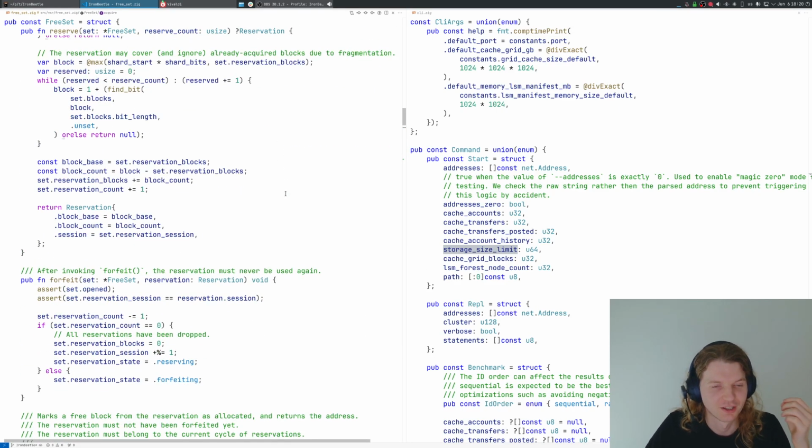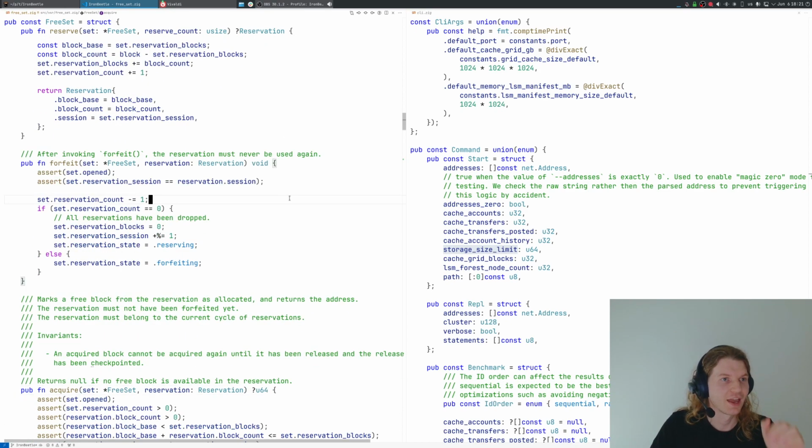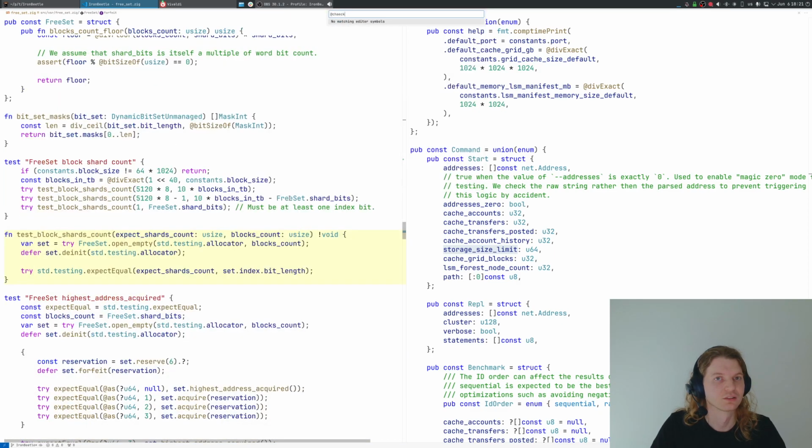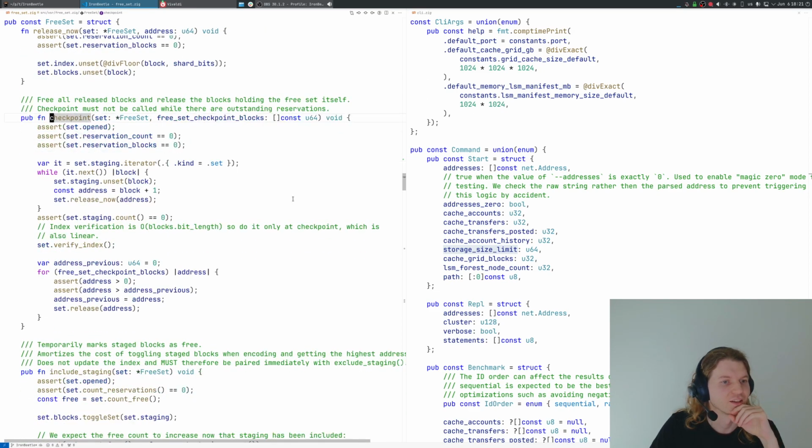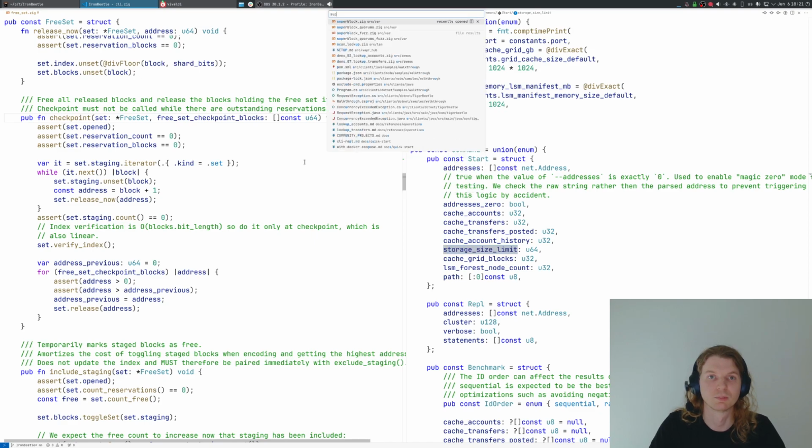So how this FreeSet is stored in memory. It's a bit set, but obviously at some point we need to store something on disk. Where does this happen? Superblock.